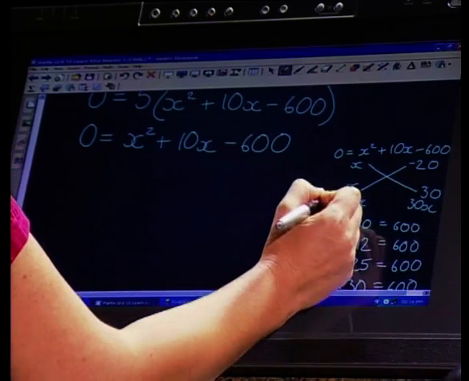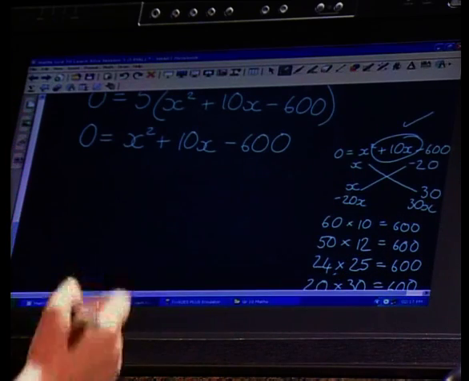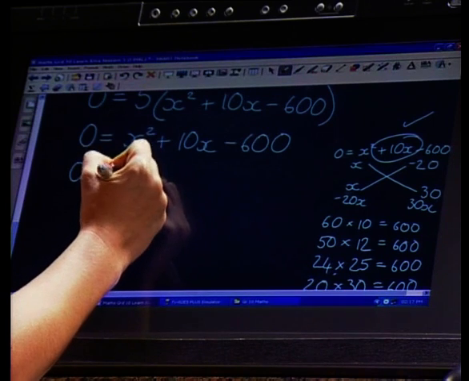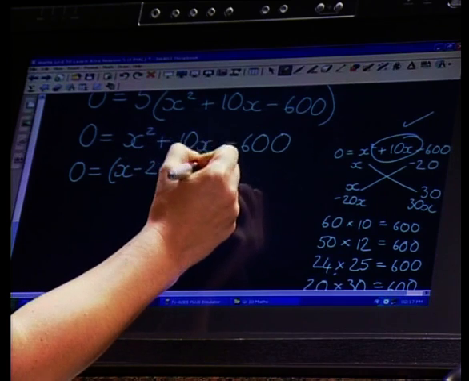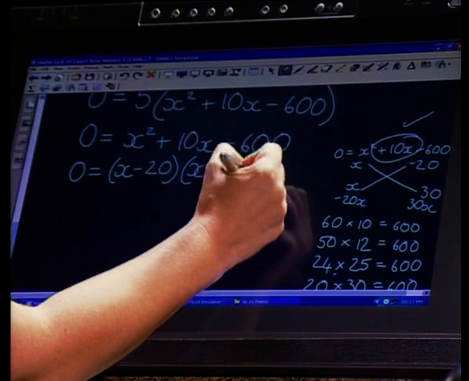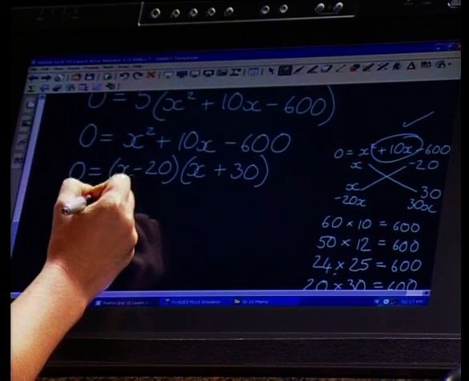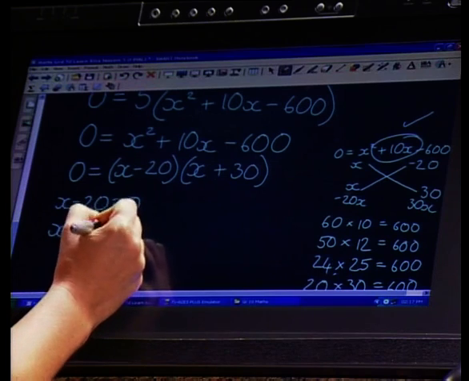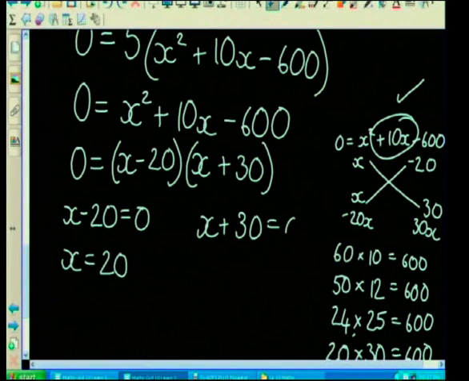When we add those two together, we get the middle term, which is what we want. Let's write down our brackets. 0 is equal to x minus 20 and x plus 30. And that means that x will be equal to either 20 or x will be equal to negative 30.